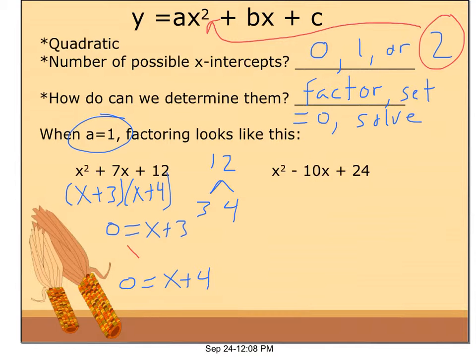These are much smaller, more manageable equations to solve by splitting up into 2 factors. -3 and -4 are the two x-intercepts.